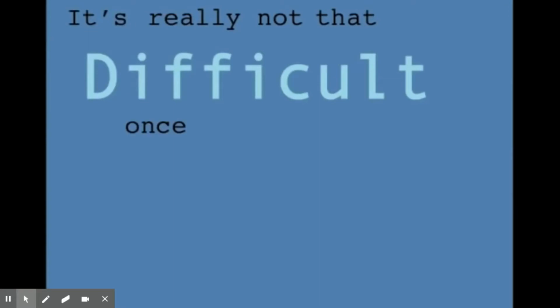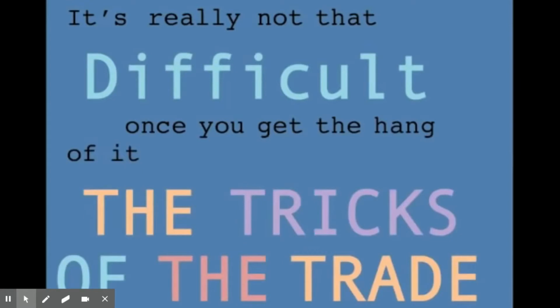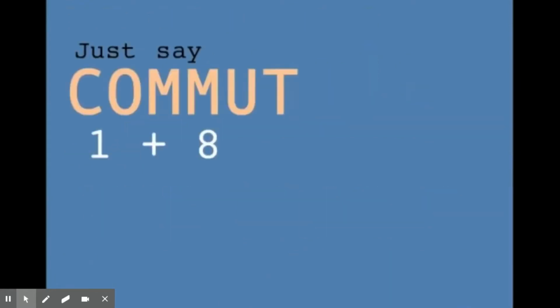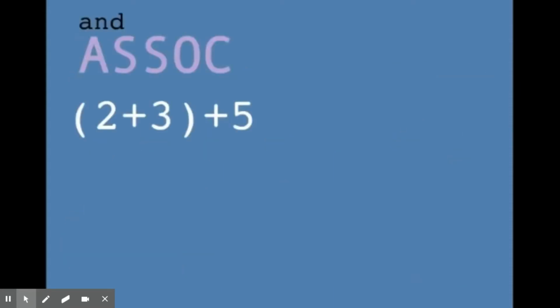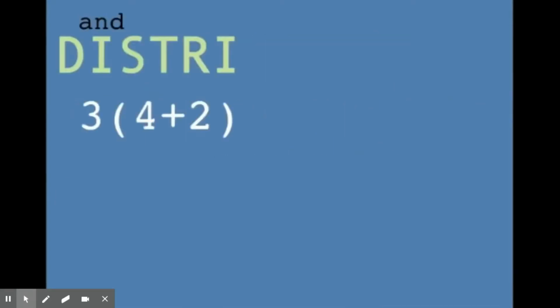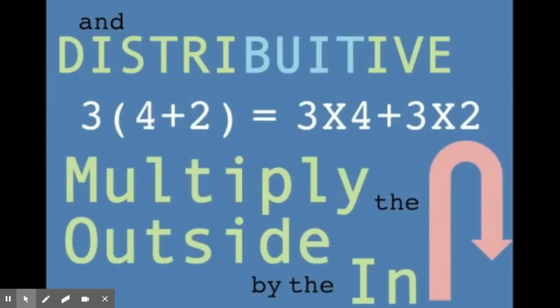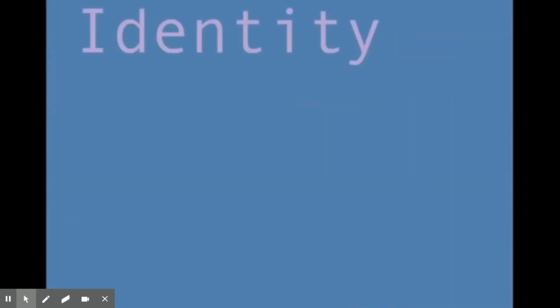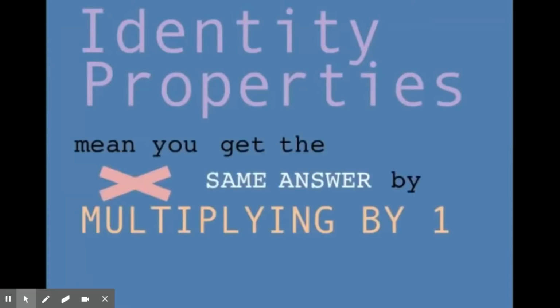Not that difficult once you get the hang of it, the tricks of the trade. Just say commutative means to change the order, and associative means to change the grouping, and distributive, multiply the outside by the in. With identity properties, you get the same answer by multiplying by 1 or adding 0.